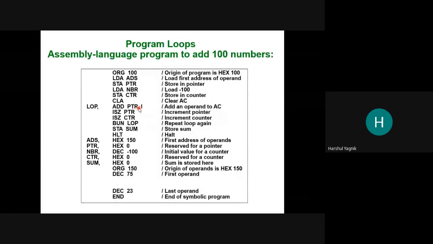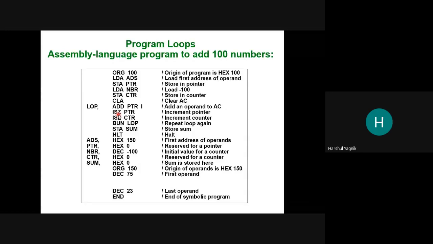Then increment pointer and increment counter. But remember what the increment condition is: increment and skip if 0. See, we are starting with a value over here.